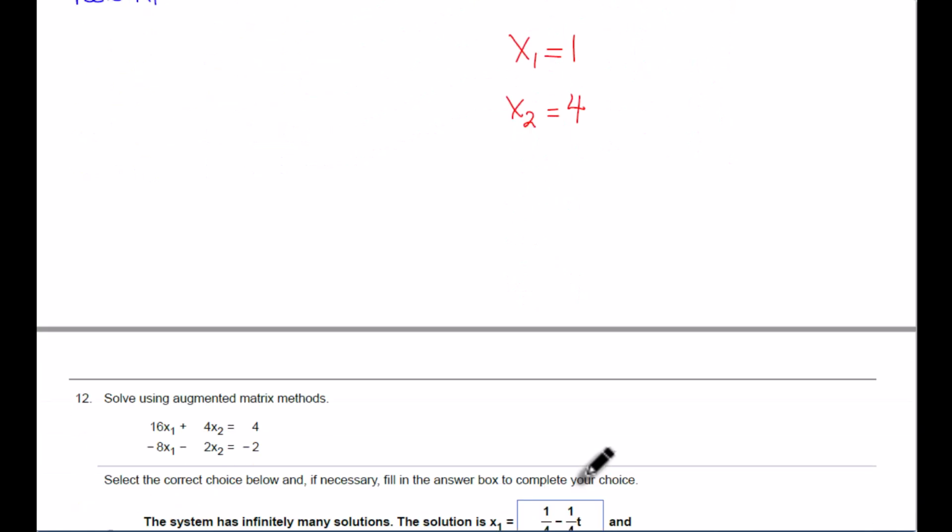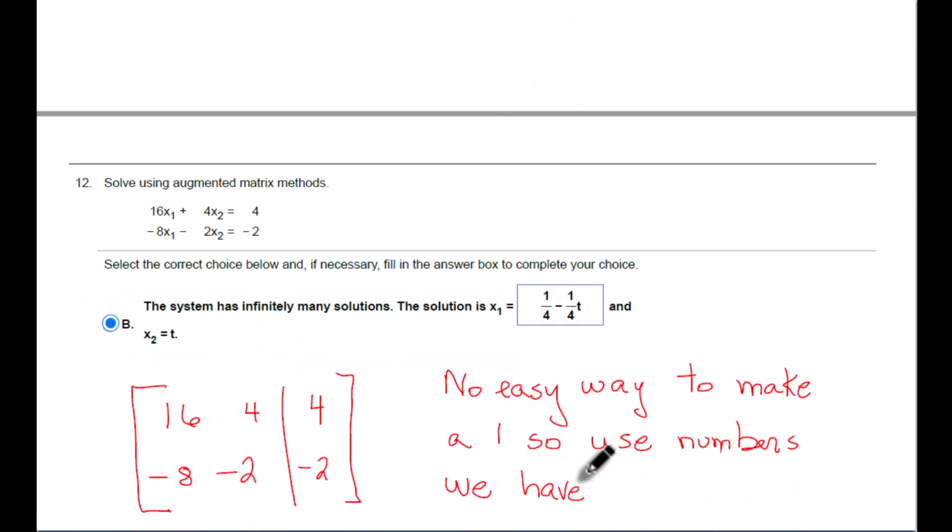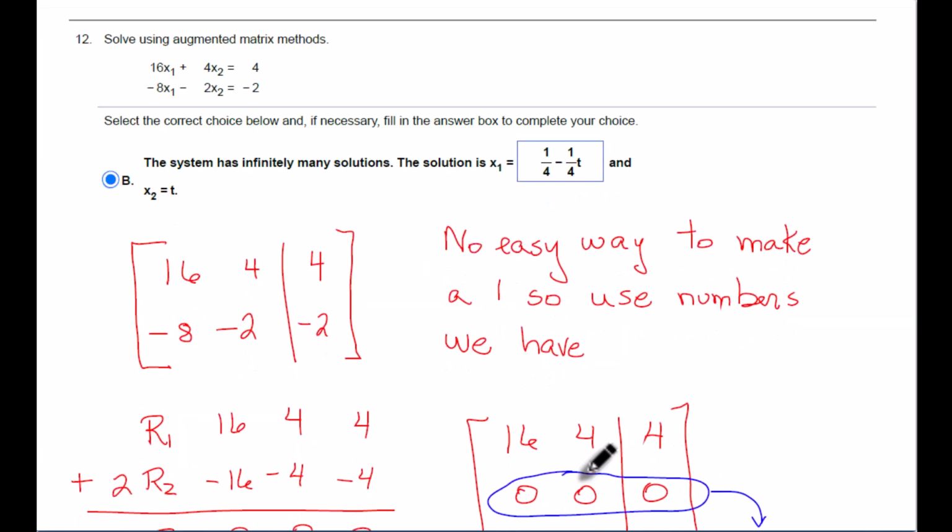Row operations. All right, question 12 says solve it again. Okay, so let's take a look here. So I took my system of equations. So here's my system. I wrote down the matrix. There it is.